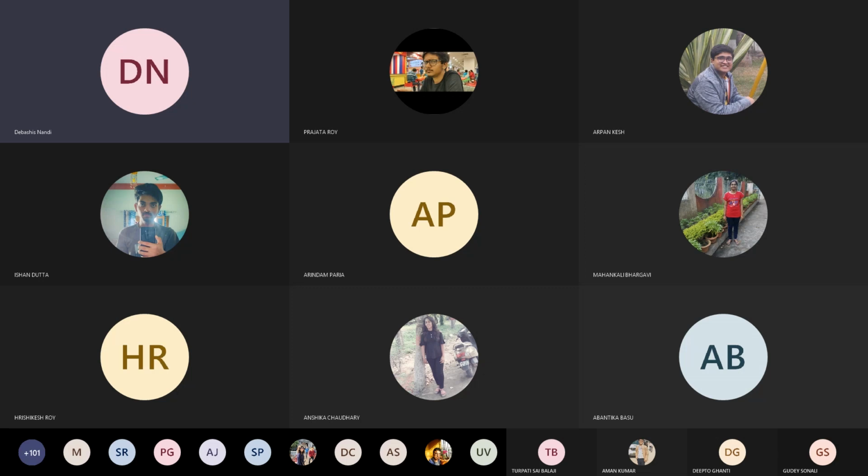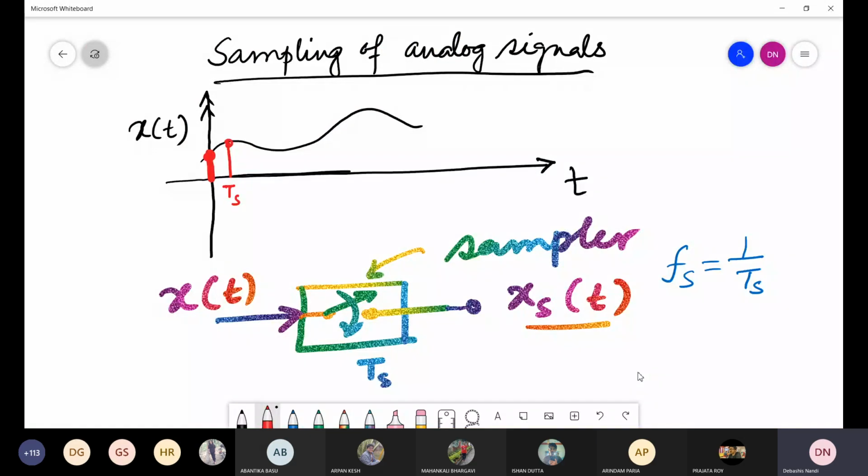Now let us see. I have shared this. Is it visible to you? Yes, sir. Now here Fs is equal to 1 by Ts. And what is Ts? Ts is the sampling time interval.